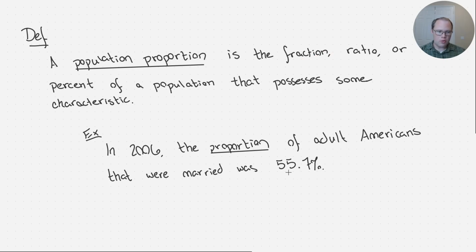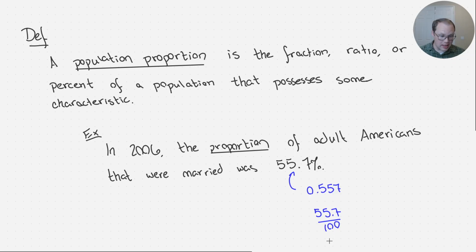So instead of 55.7, I could write this as 0.557, in decimal form. Or if I want to write it as a fraction, I could write it as 55.7 over 100.